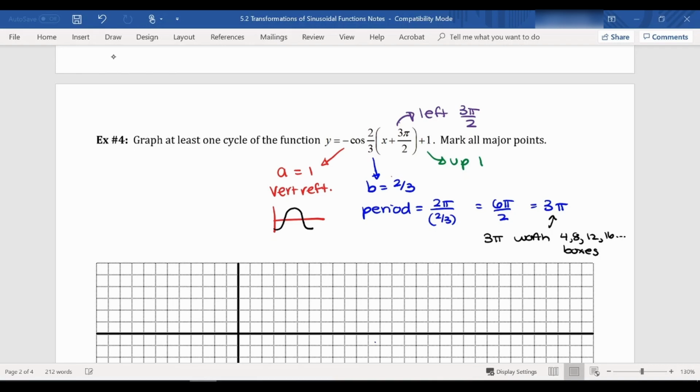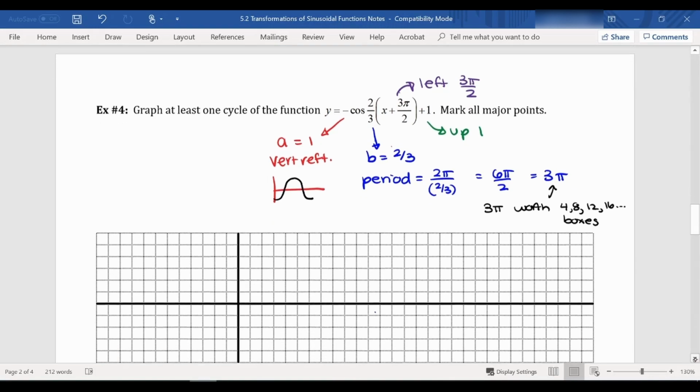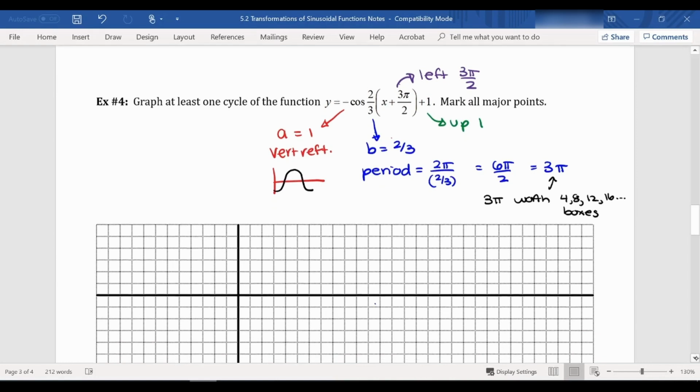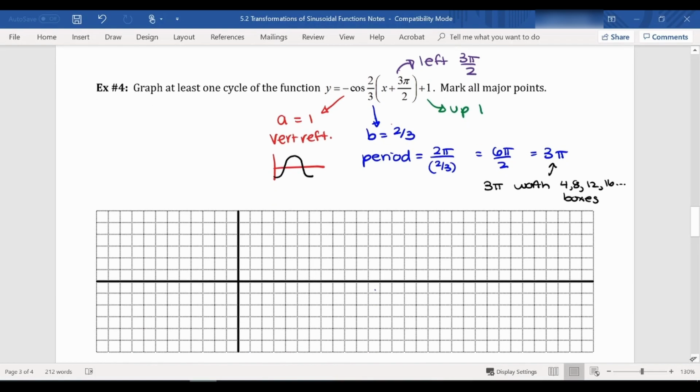Now, because 3 pi over 2 is how we're moving, all of these can also be divided by 2. So that means that we could really use any of these. I'm going to want to pick maybe a bigger number just so that it's spread out nice enough so I can see all the points nicely. So I'll maybe pick 12 again, just because it's nice and easy to work with on this scale that we've got here, how big our graph is.